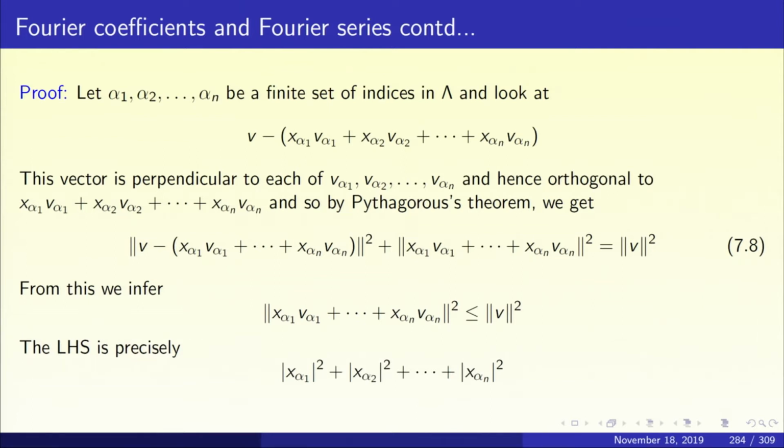Then you will get the cross terms, x alpha i, x alpha j, v alpha i dot v alpha j. But remember that our vectors v alpha are orthogonal.